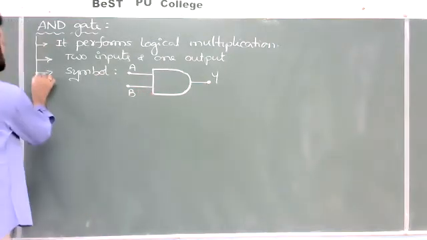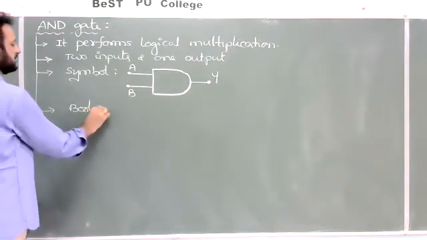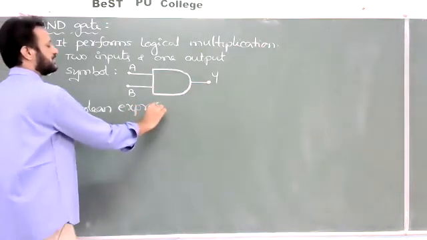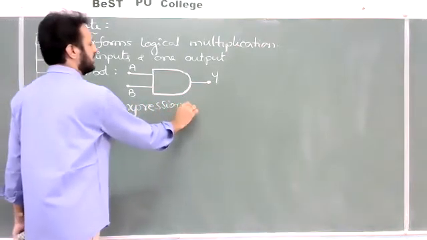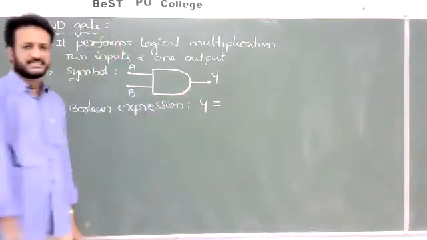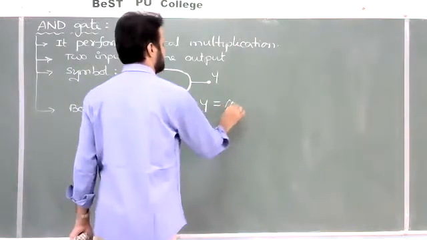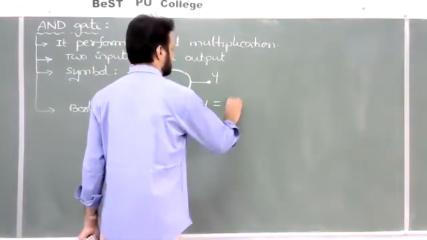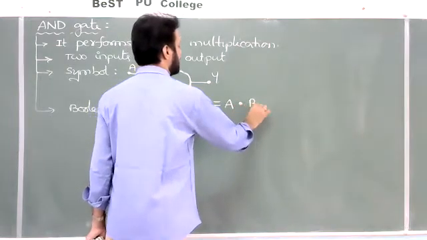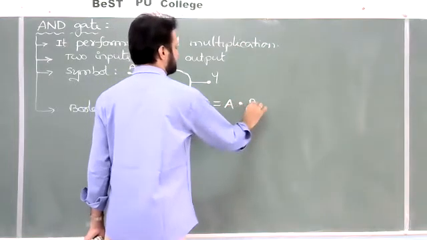But what is the formula or expression? That is called a Boolean expression. I'll write Y equals A and B. Here AND means don't write AND, we should write only dot, that is multiplication.